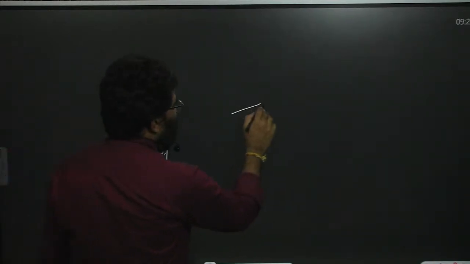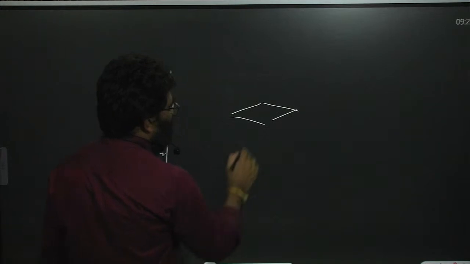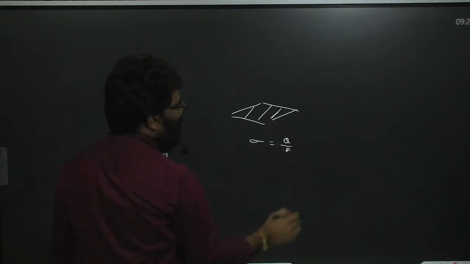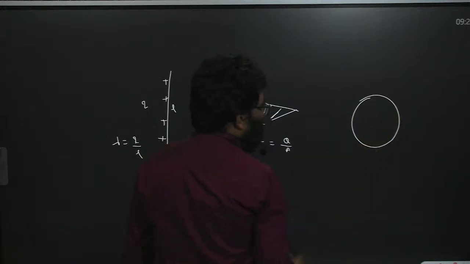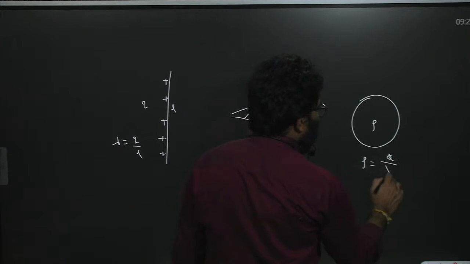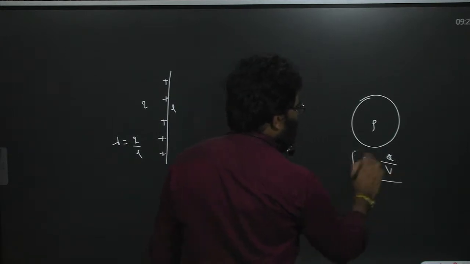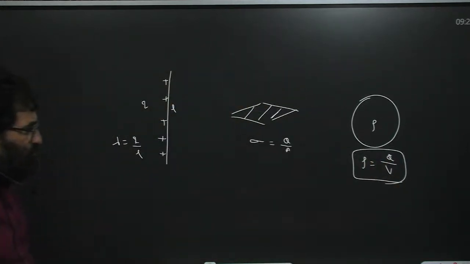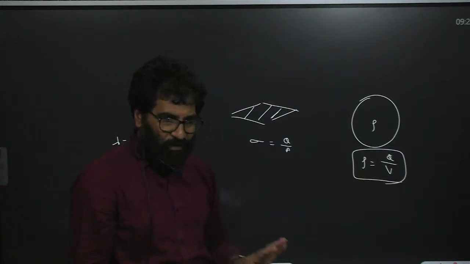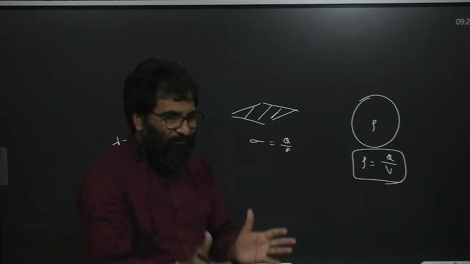For a sheet, when the area is given, you take sigma, which is equal to Q by area. When volume charge is given, density rho is equal to charge per unit volume. So always remember, whenever charge is distributed, you find the linear charge density, areal charge density and volume charge density.